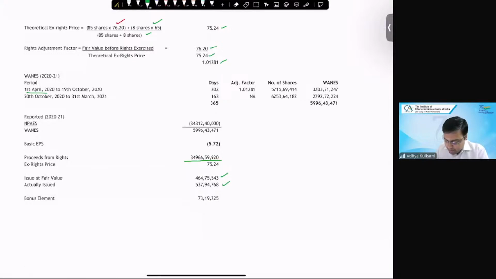So 1st April to 19th October, for 202 days, I am applying this adjustment factor of 1.01281 on the number of shares to arrive at the weighted average number of equity shares. 20th October to 31st March, 163 days, I take the total number of shares in the capital structure, and therefore your total weighted average number of equity shares is 59,96,43,471.